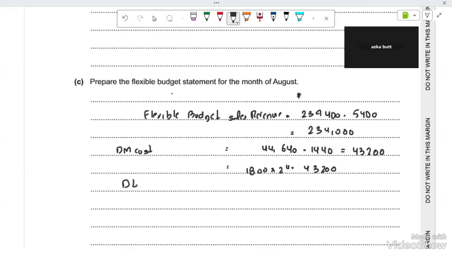Now we are going to adjust the direct labor. So basically, actual direct labor cost was 106,020 and labor variance was favorable, which is 1,980. So to find out the flexible budgeted direct labor cost, we need to add the 1,980 to the actual direct labor cost.